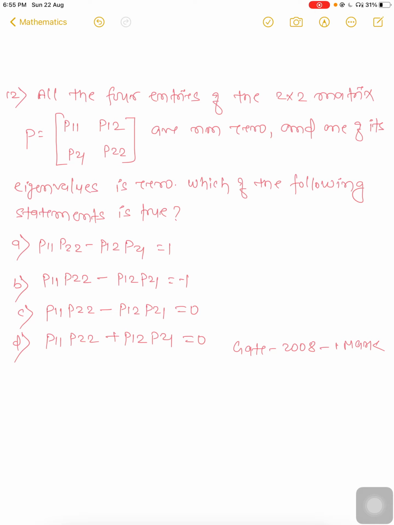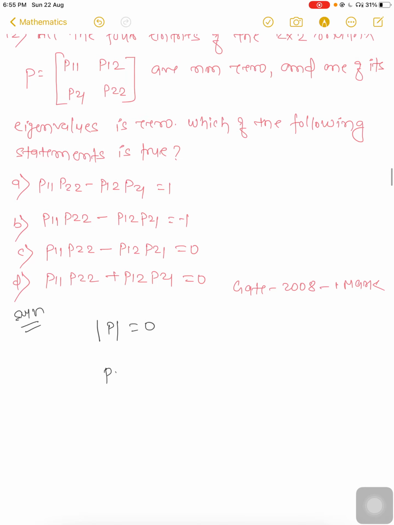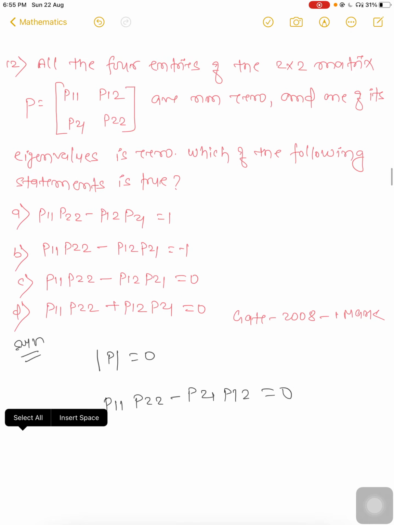It means multiplication of the eigenvalues will be 0, and it means determinant of P will be 0. When you take the determinant of P will be 0, P11 into P22 minus P21 and P12 will be 0.